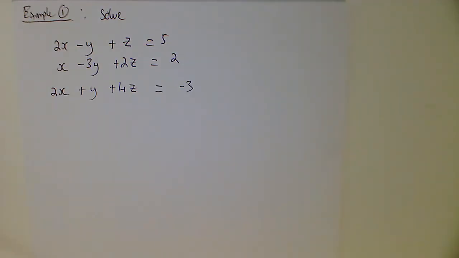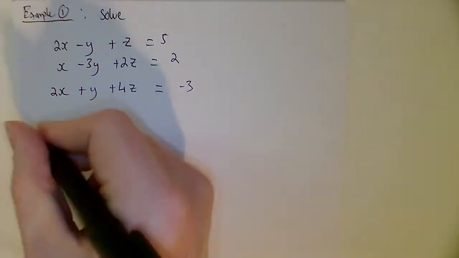Okay, so I've got a system of equations. Now you might say, well, what's that got to do with matrices? So what we can do is turn that into a matrix equation, right?